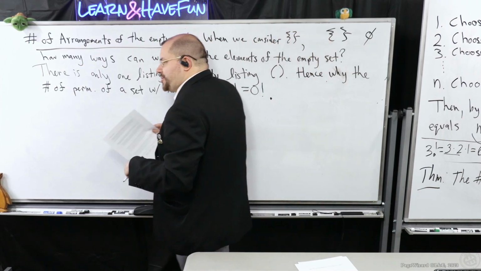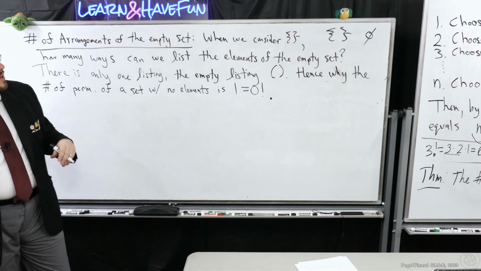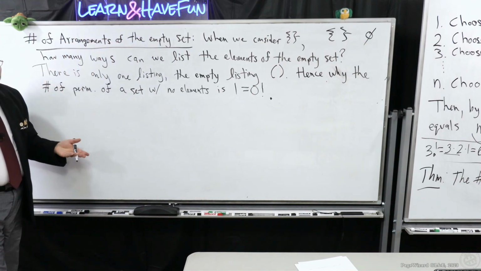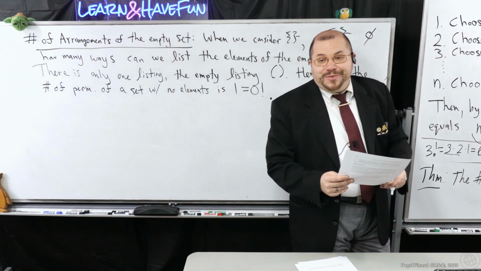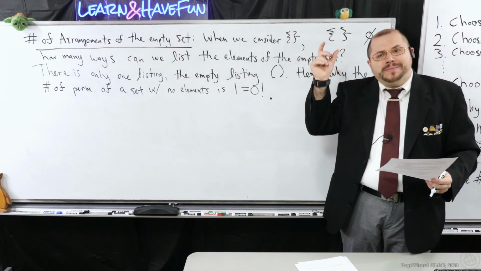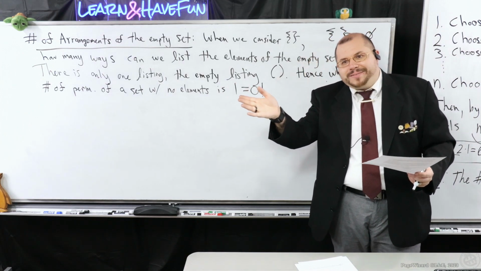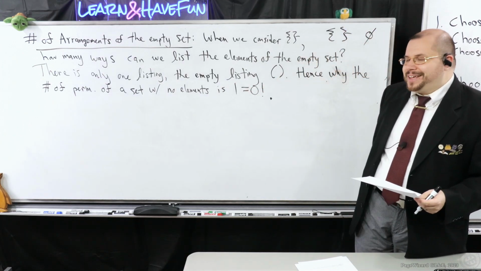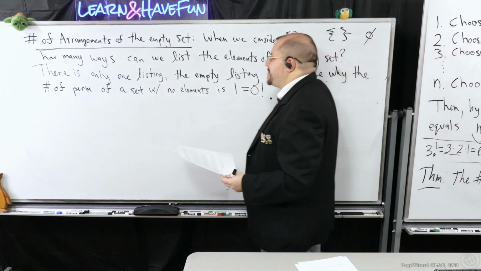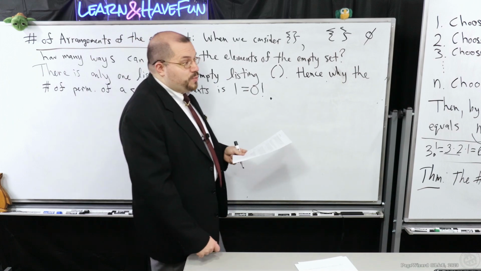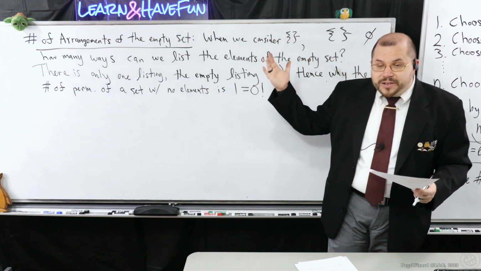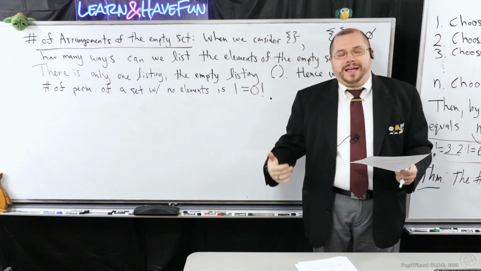It's a very natural way of defining 0 factorial. When I have no elements in the set, it simply means that there's only one way you can arrange the elements, namely as just an empty listing. There's only one way of listing that. So this is one reason why 0 factorial is often defined to be equal to 1. It is because of this combinatorial understanding of what that means.